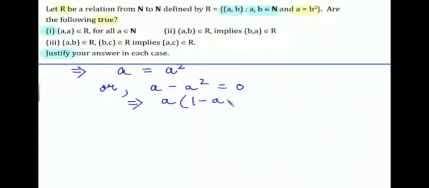So a in bracket 1 minus a is equal to 0, so a is equal to 0, or a is equal to 1.